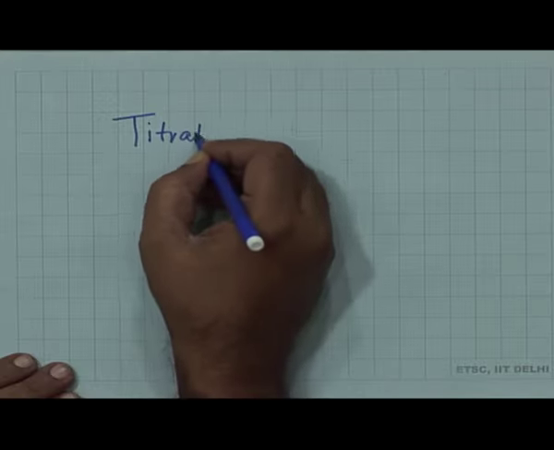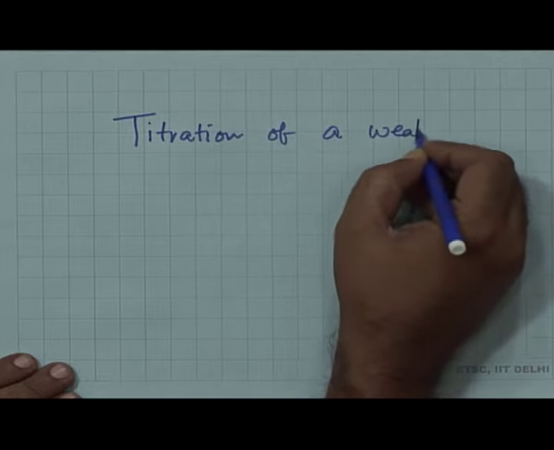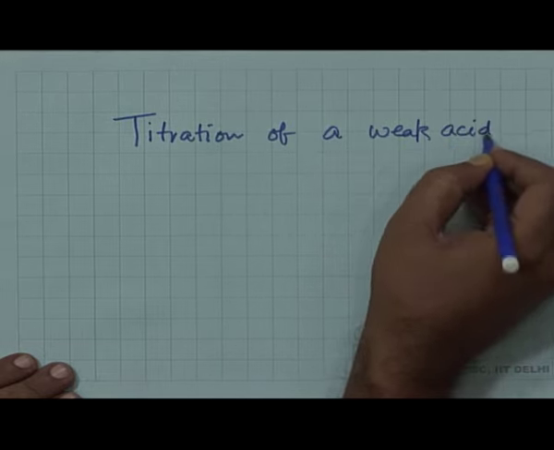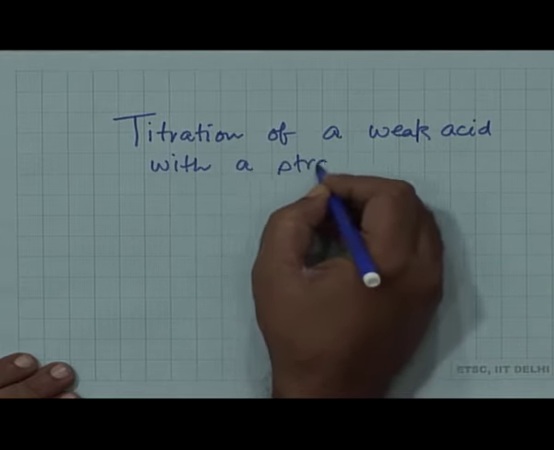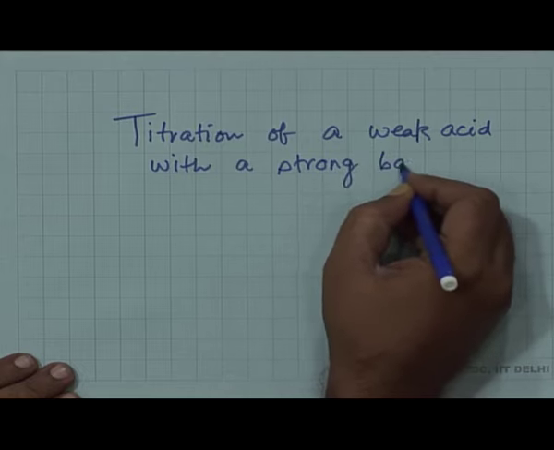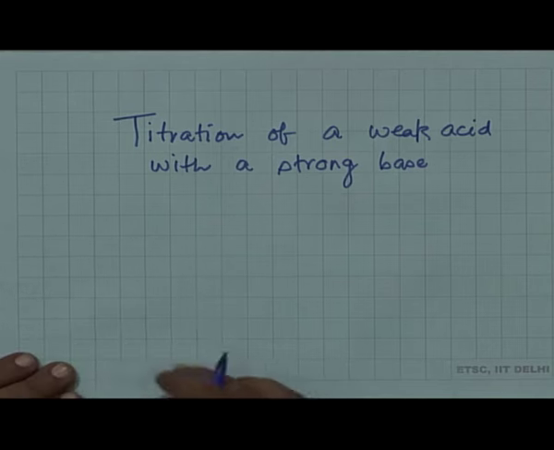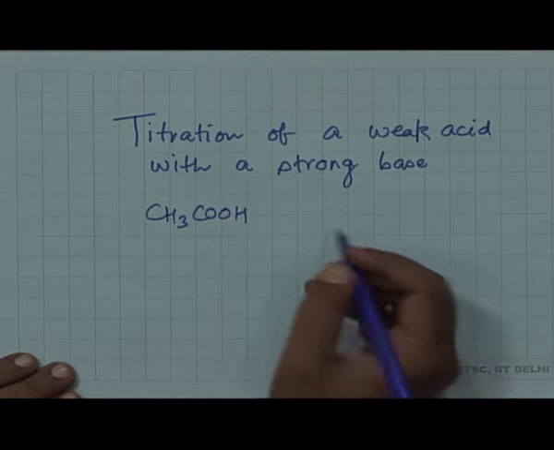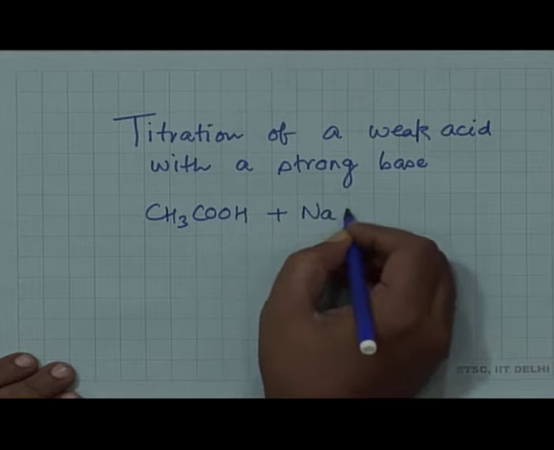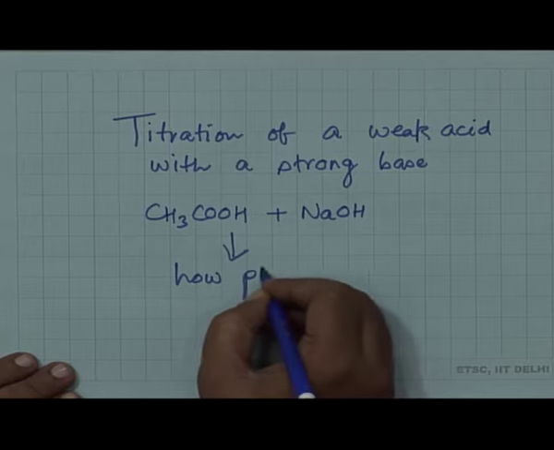What we are going to discuss next is the titration of a weak acid with a strong base. Weak acid is, suppose, acetic acid, and when we titrate with NaOH, how the pH changes.